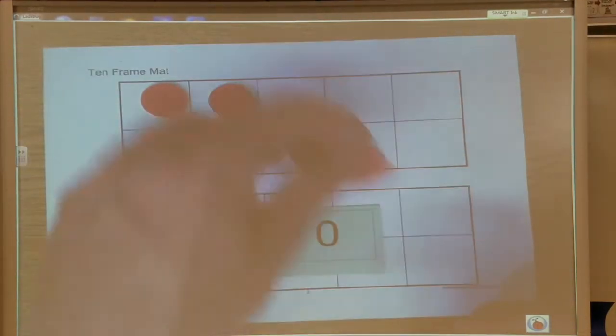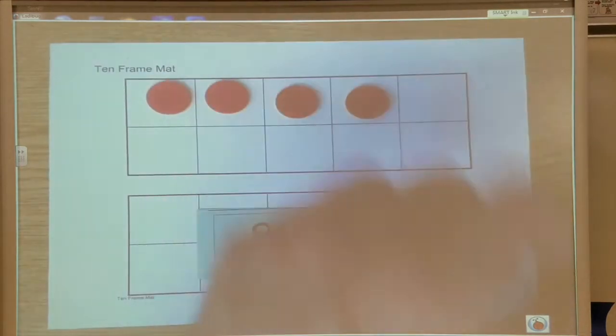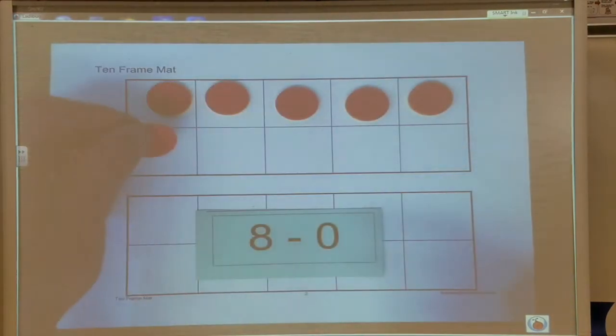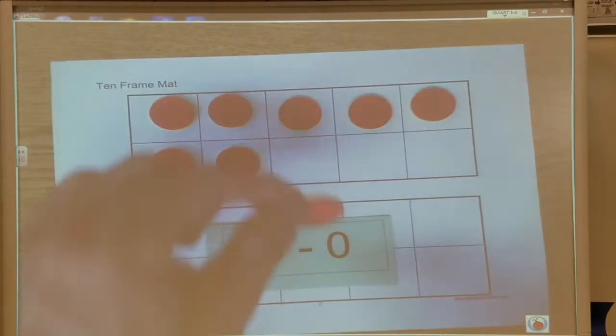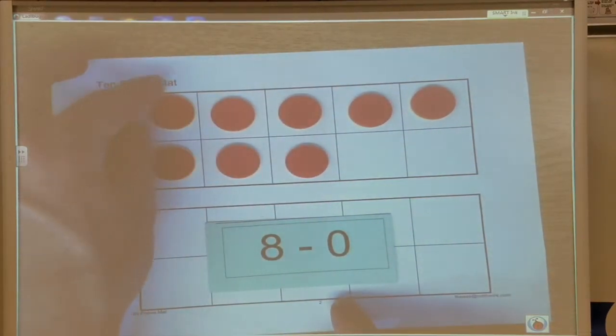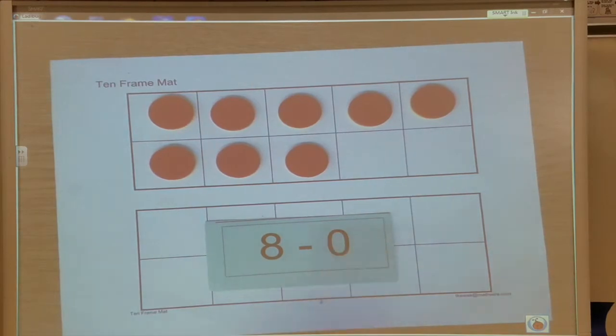So I might have a context that says there are 8 red fish in the pond. And no red fish swim away. And the question would be, how many fish are still in the pond?